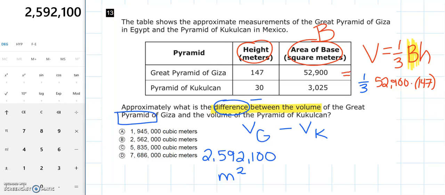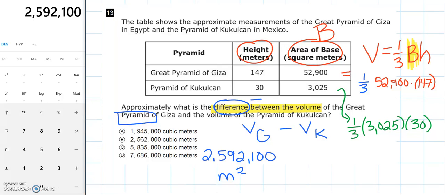Now I'm going to do the same thing for Kukulkan. All right, they gave me the height, they gave me the area of the base, and I'm just going to multiply those together and divide by 3. Okay, so if I lay it out, what I'm doing for Kukulkan, I'm doing 1/3 times the 3,025, because that's my big B, times the height of 30.